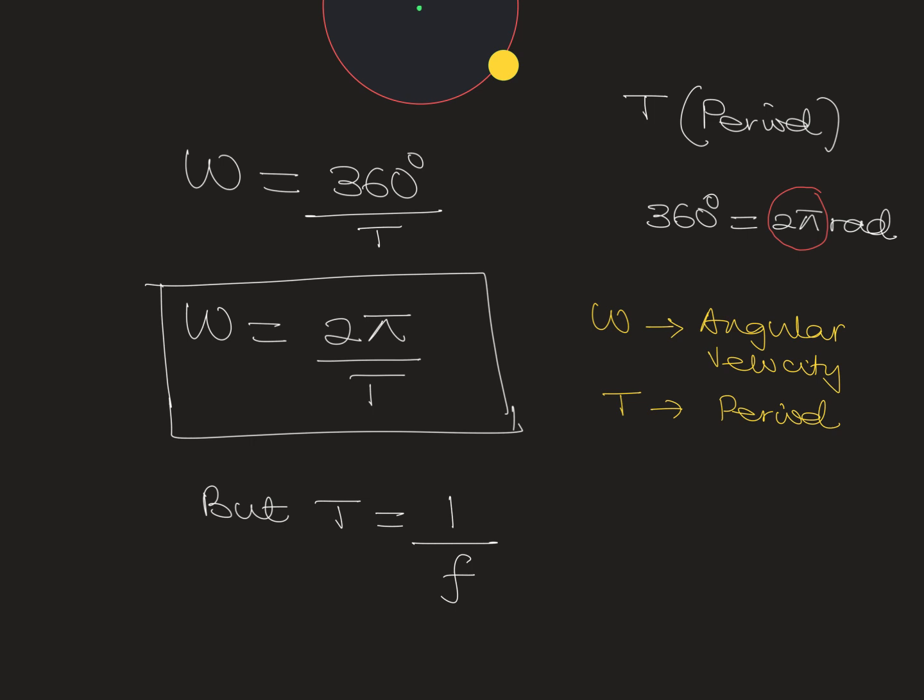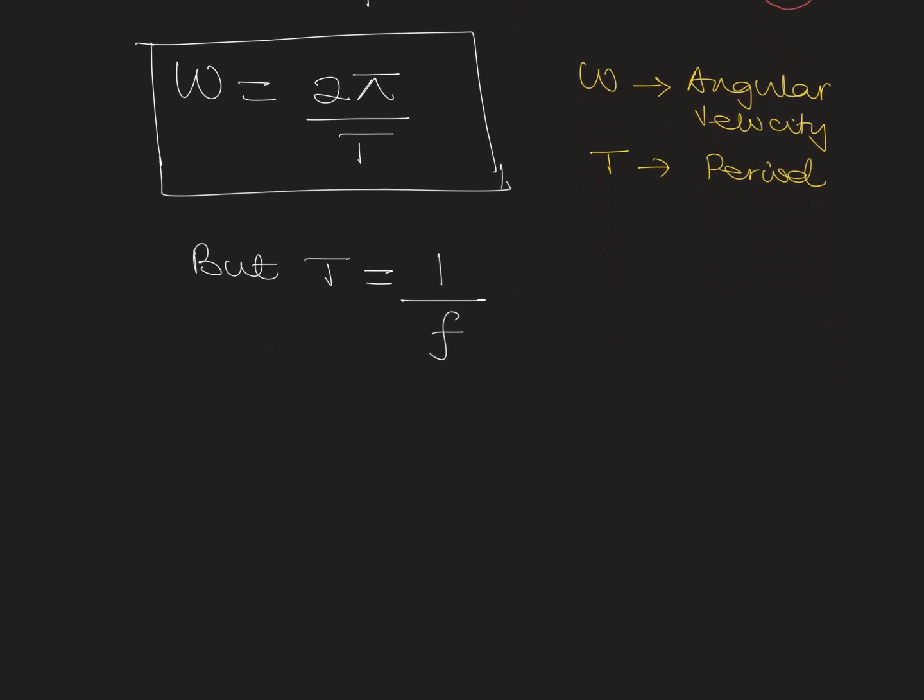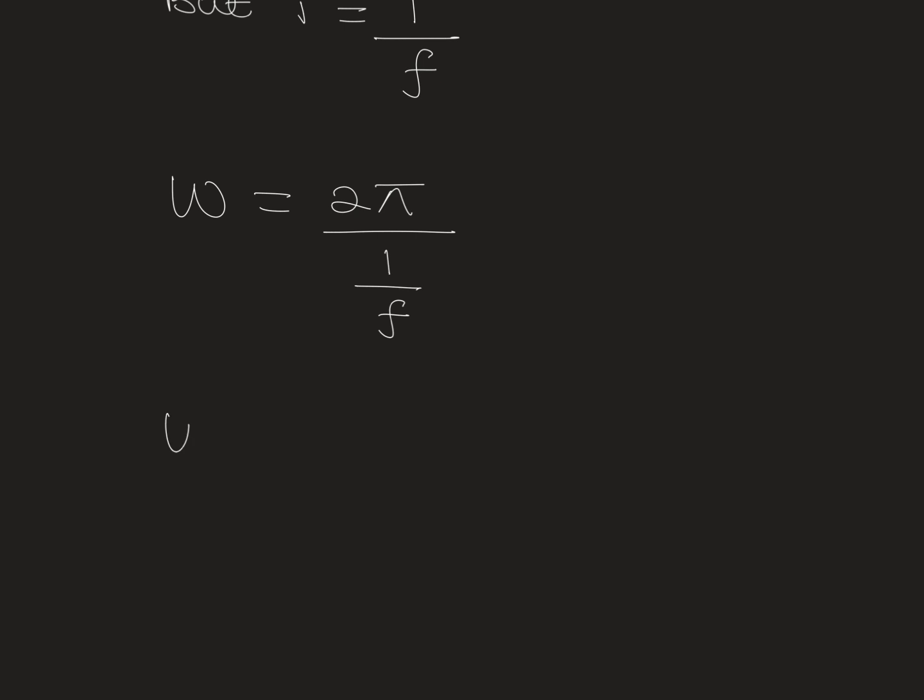So if that is the case, it means from this formula, omega is equal to 2 pi divided by the period, which is 1 over f. So we can rewrite this as omega is equal to 2 pi divided by 1 over f.